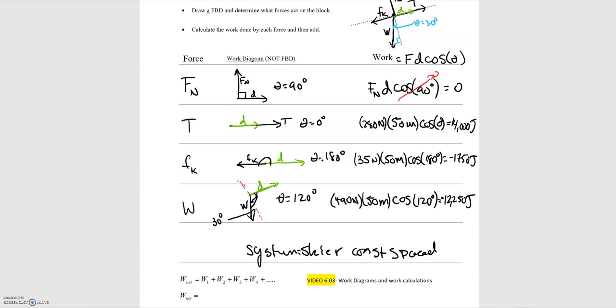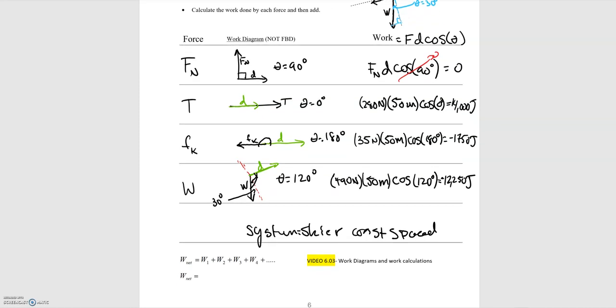Let's see if that works out. The work done by the normal force is 0, plus the work done by tension, which is 14,000 joules, plus -1,750 joules by the work done by the kinetic friction, plus a negative 12,250 joules, the work done by gravity. Add those up, and you find that the net work is 0, as expected.